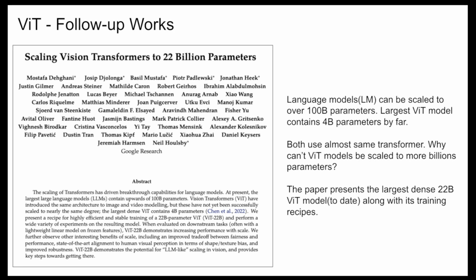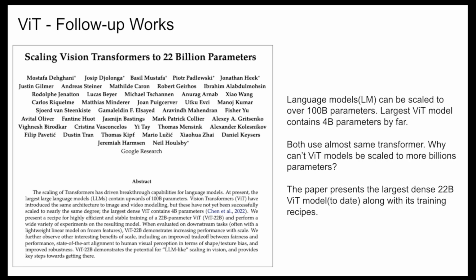We further observe other interesting benefits of scale, including an improved trade-off between fairness and performance, state-of-the-art alignment to human visual perception in terms of shape and texture bias, and improved robustness. ViT-22B demonstrates the potential for LLM-like scaling in vision and provides a key step toward getting there.